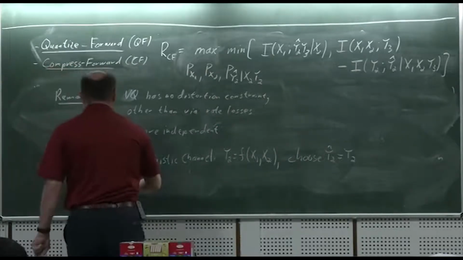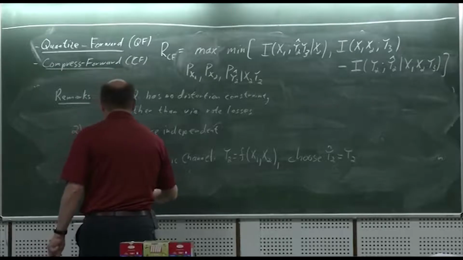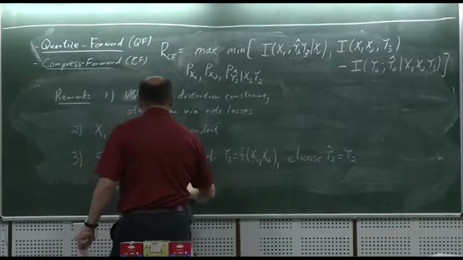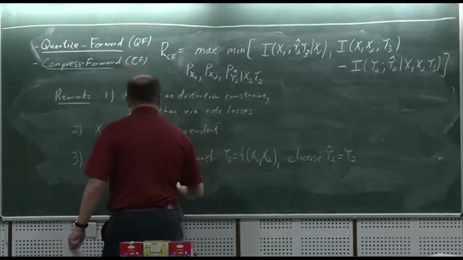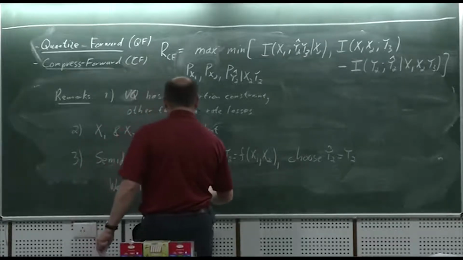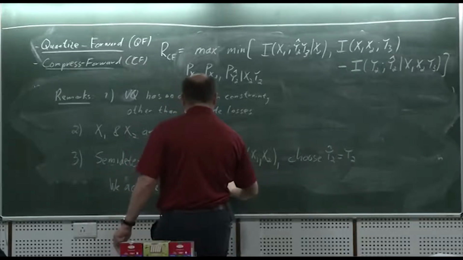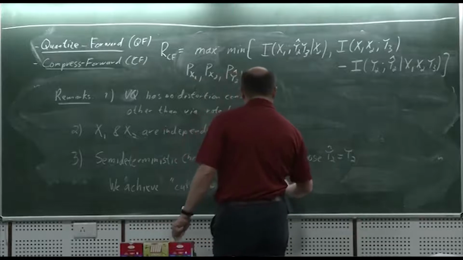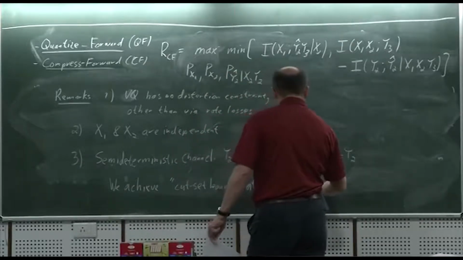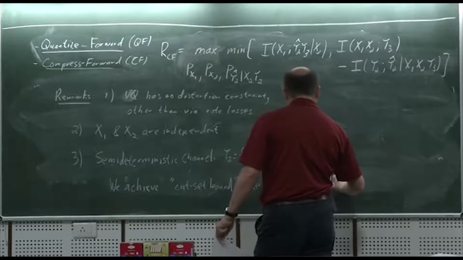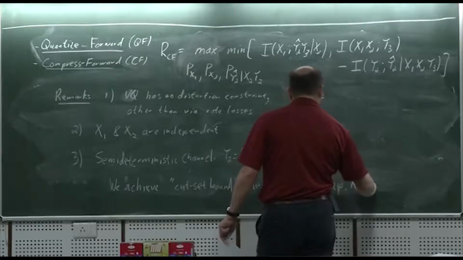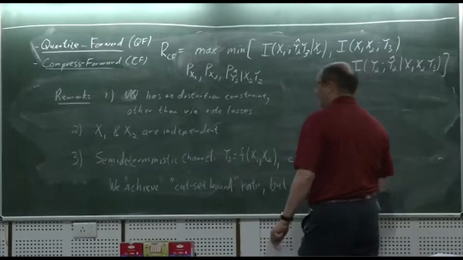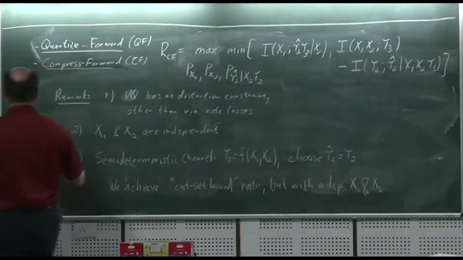Okay, so we achieve the, in quotation marks, cut set bound rate, but with independent x1 and x2, and because of that it isn't the capacity necessarily, because we're transmitting with independent transmission.